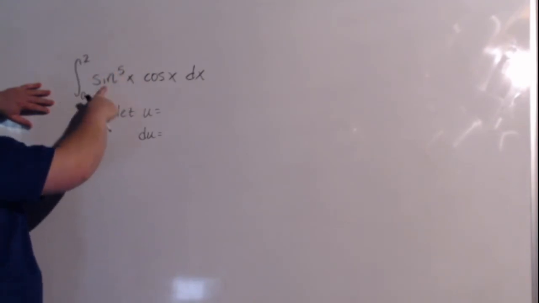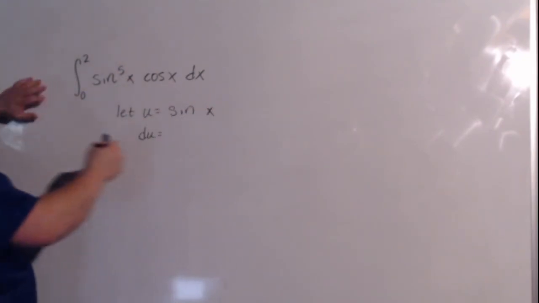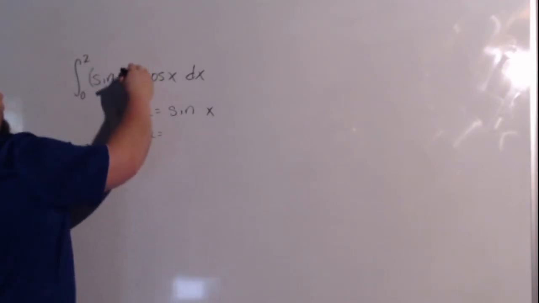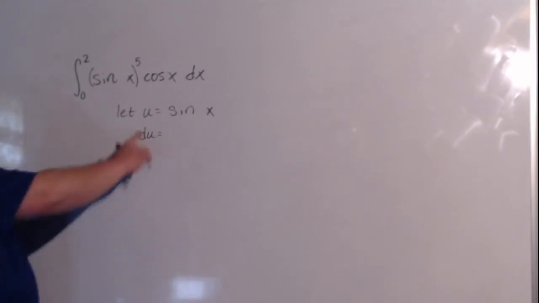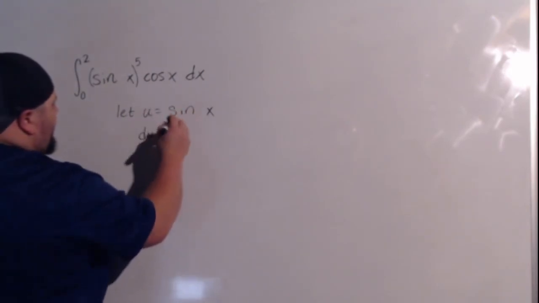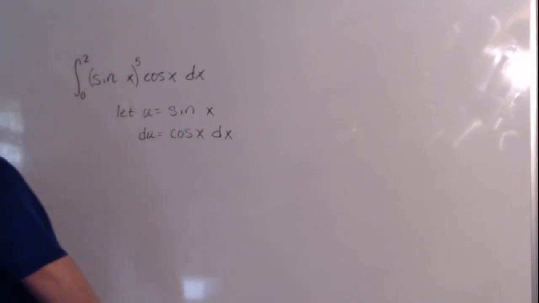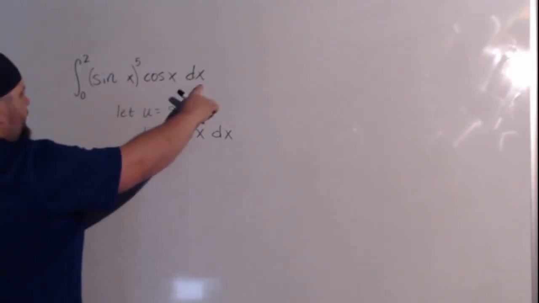So we should let u equal sine of x, because remember I could write this like that. Du is the derivative of sine times the differential dx. And we have all of that in our integral. Right? We've got u right there, we've got du there.